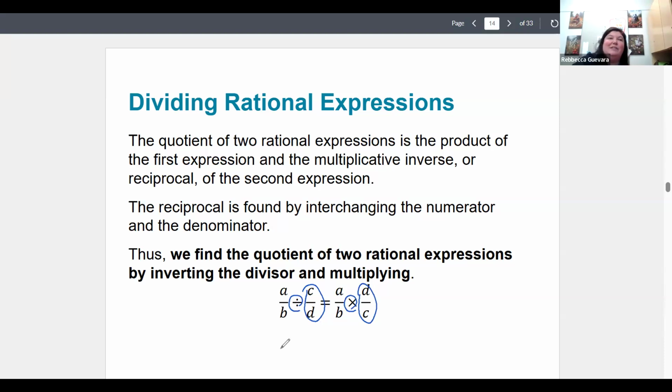So this is where you have keep, change, flip. Well, we can use the same thing when we're dividing rational expressions. If we have one rational expression divided by another rational expression, we're just going to turn it to multiplication. And we already know how to deal with multiplying two rational expressions. Not much is going to change past that.